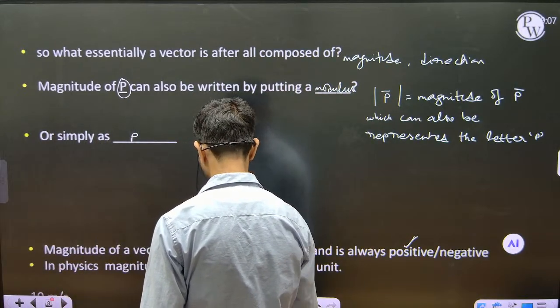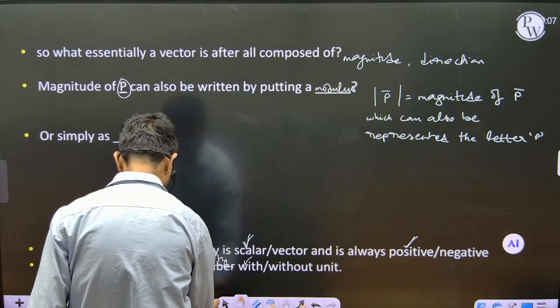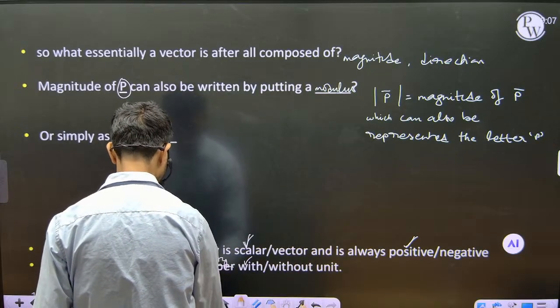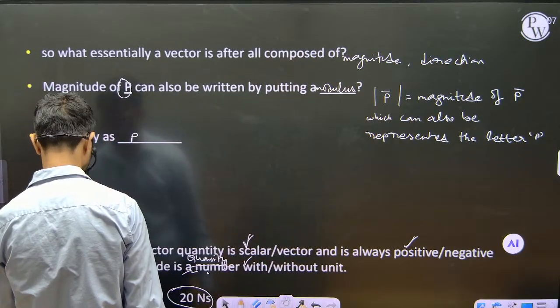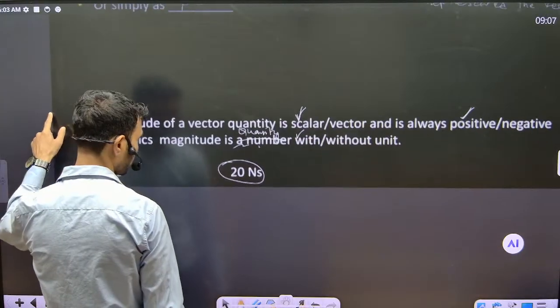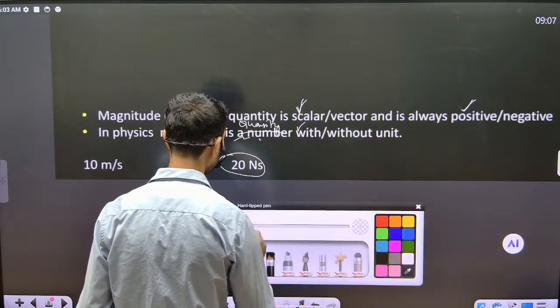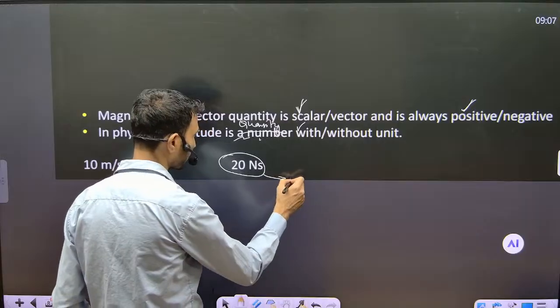It is with unit. Like you have 20 Newton per second. Now this 20 Newton per second is the magnitude.